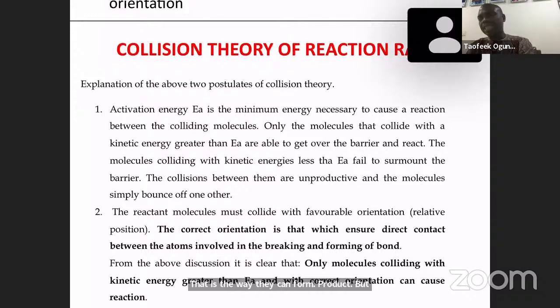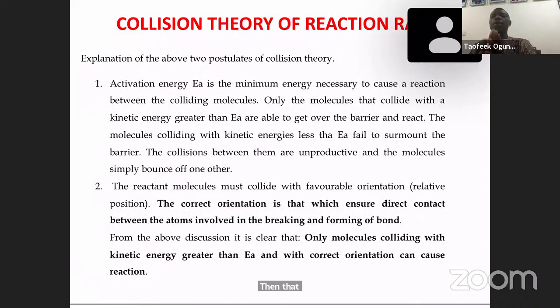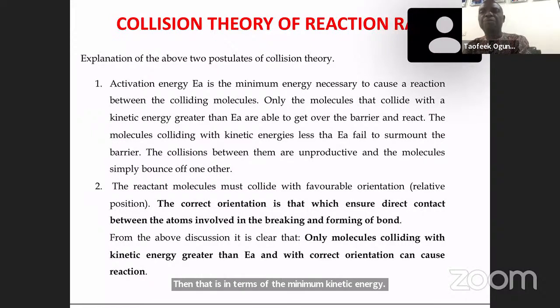But any collision that takes place with energy lower than this energy barrier is unproductive. It is not going to lead to a product. The molecules simply bounce off each other. That is in terms of the minimum kinetic energy. Now, the reactant molecules must also collide with favorable orientation.